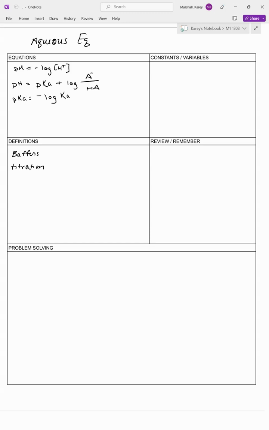Other definitions you might need to know: what an indicator is and how to choose the correct indicator for a titration. Also, what are the factors that affect solubility? Things you should remember: when can a calculation be simplified?